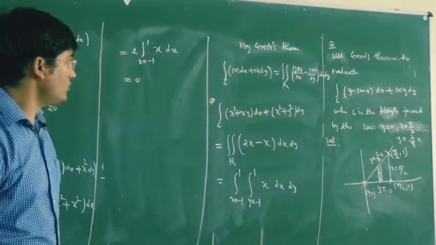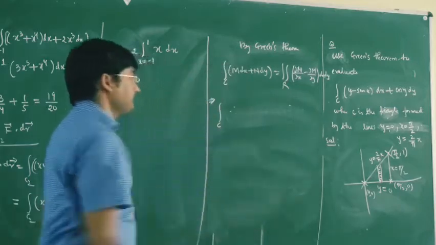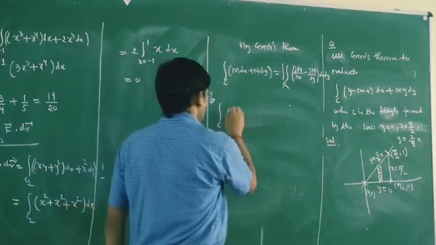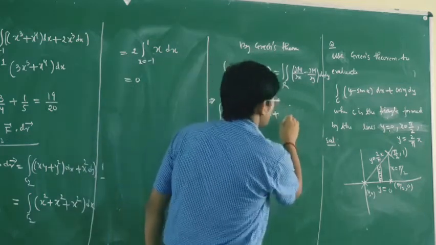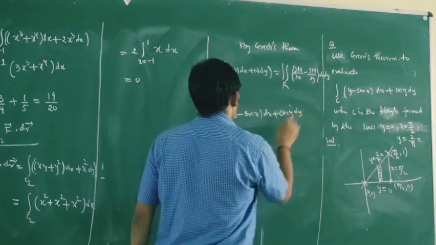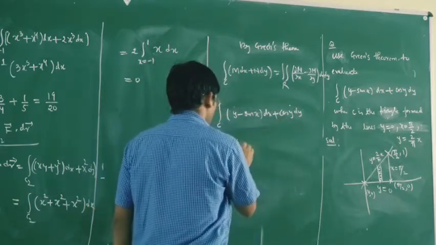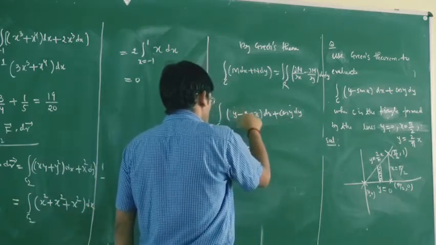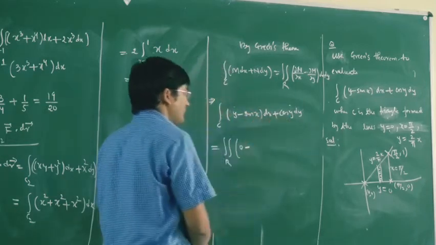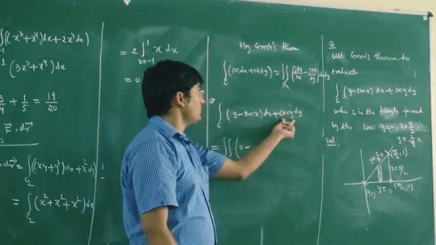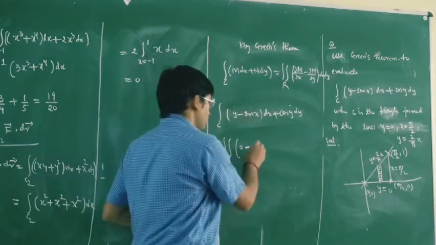So by Green's theorem, the integral of (y minus sin x) dx plus cos y dy is equal to the double integral over R of del N upon del x minus del M upon del y. Since this is M dx plus N dy, the differentiation of cos y with respect to x will be 0, minus del M upon del y, and the differentiation of this with respect to y will give you 1.